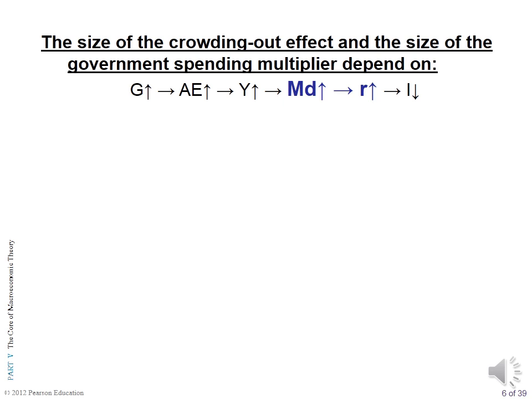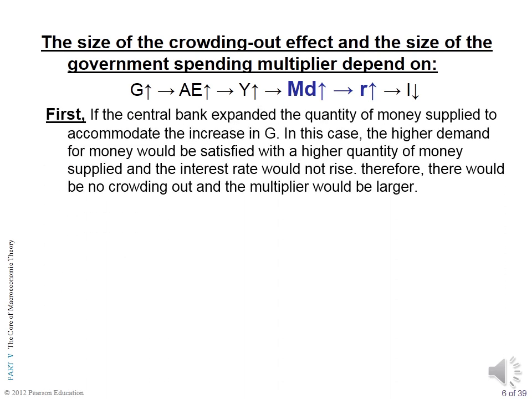If there is an increase in demand for money associated with an increase in supply of money, the interest rate will be the same, or constant. In this case, the interest rate will not rise. So the crowding out effect will be zero. There will not be a crowding out effect.